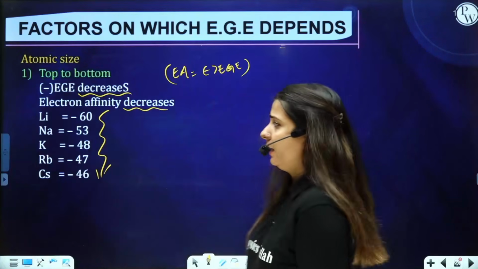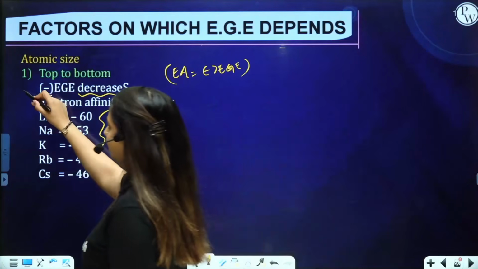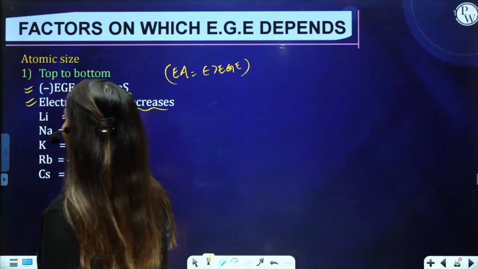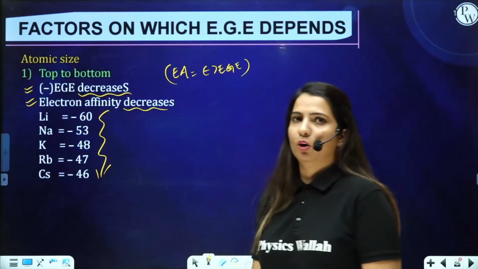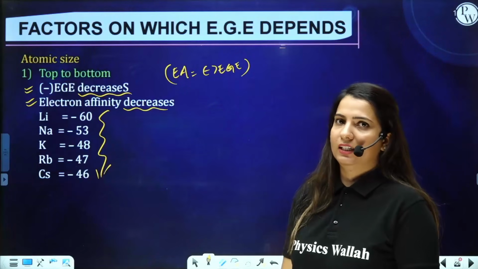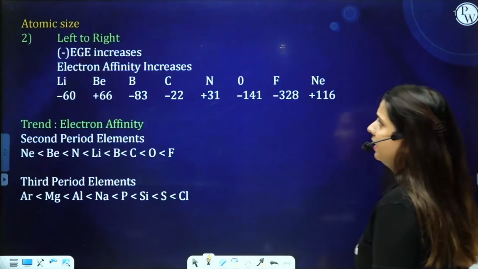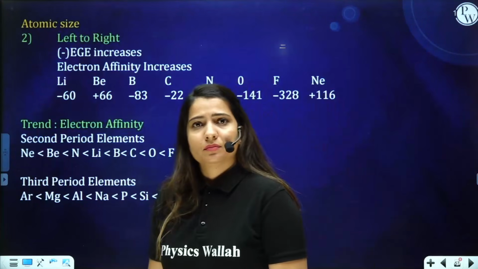So simply pick these bullet points in your head: whenever you are moving from top to bottom, electron affinity decreases, negative electron gain enthalpy decreases. Next, left to right, size decreases.